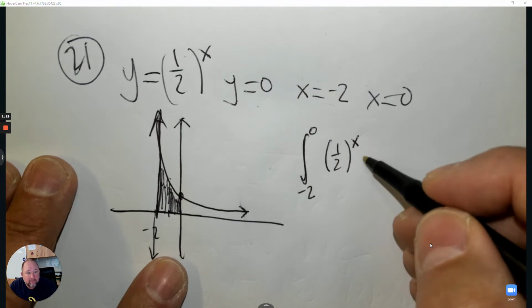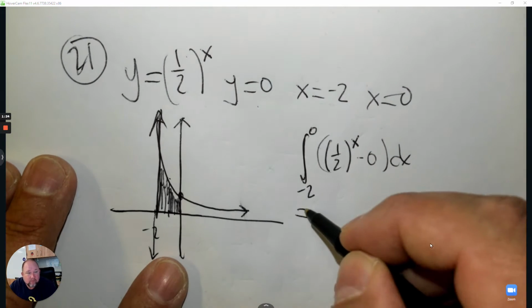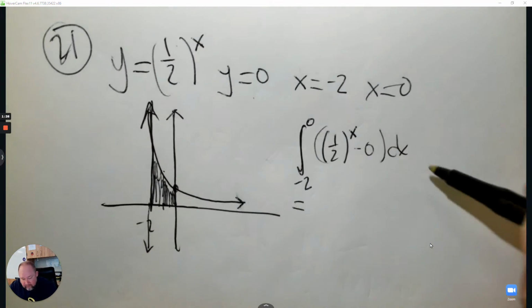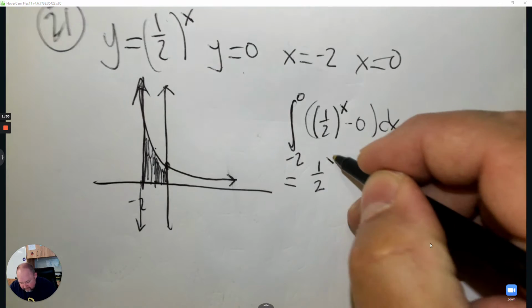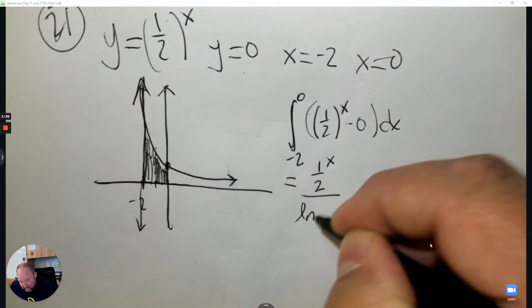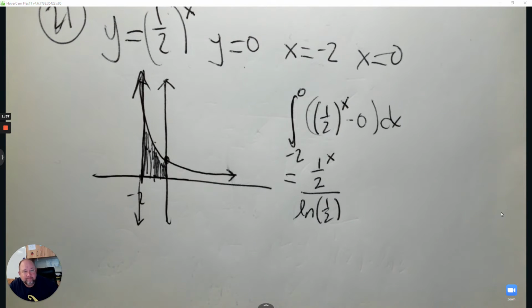So that's top subtract bottom, and then I need to integrate that. The integration of an exponential, you copy it, and then you divide by ln of the base.